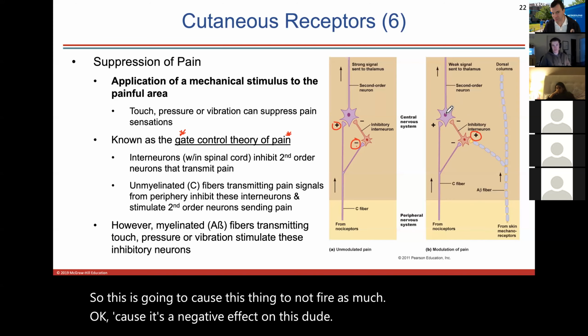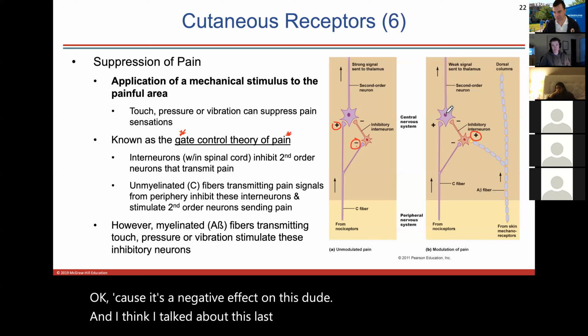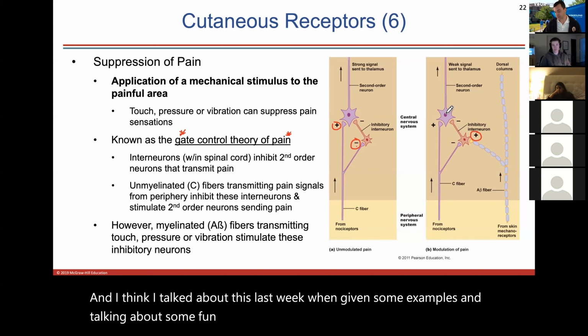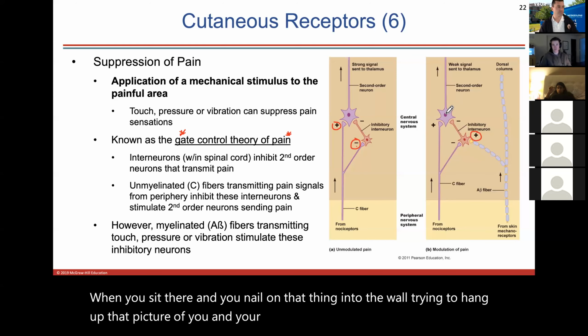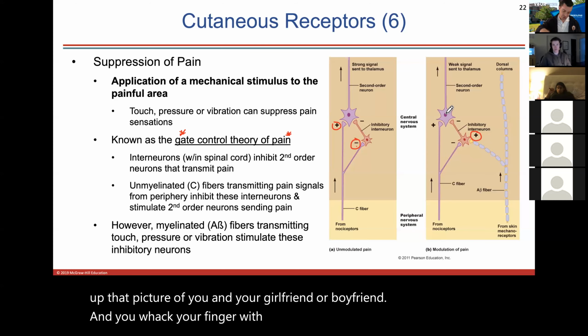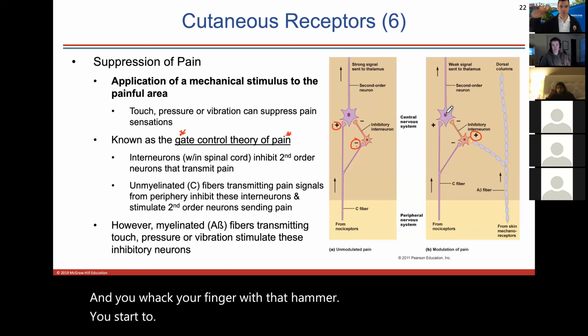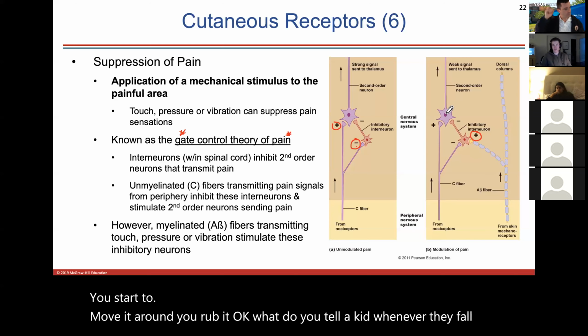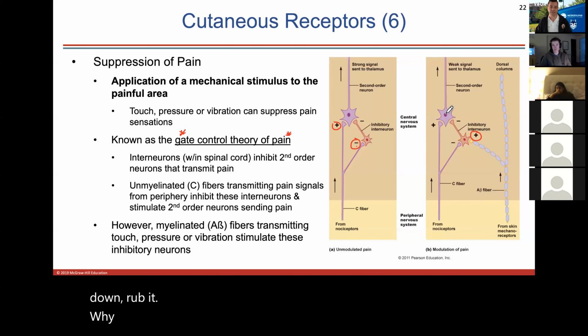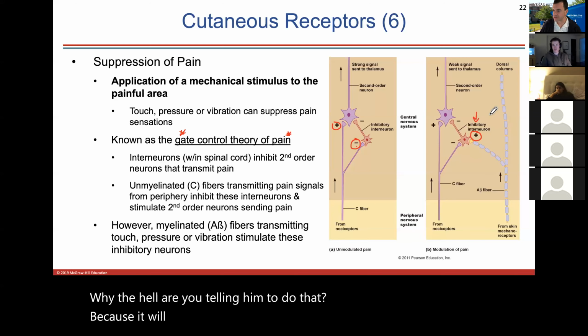And I think I talked about this last week when giving some examples. When you sit there nailing that thing into the wall, trying to hang up that picture of you and your girlfriend or boyfriend, and you whack your finger with that hammer, you start to move it around. You rub it, okay? What do you tell a kid whenever they fall down? Rub it. Why are you telling them to do that? Because it will stimulate some inhibitory neurons.